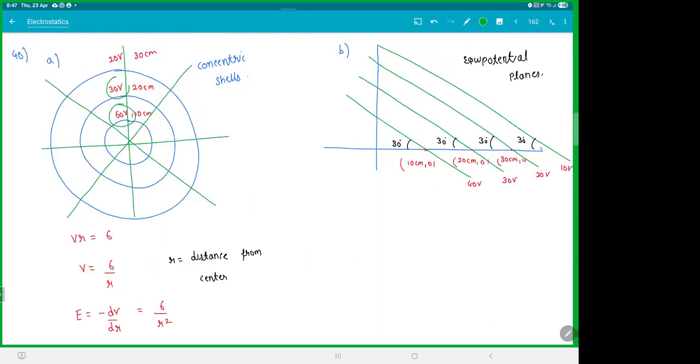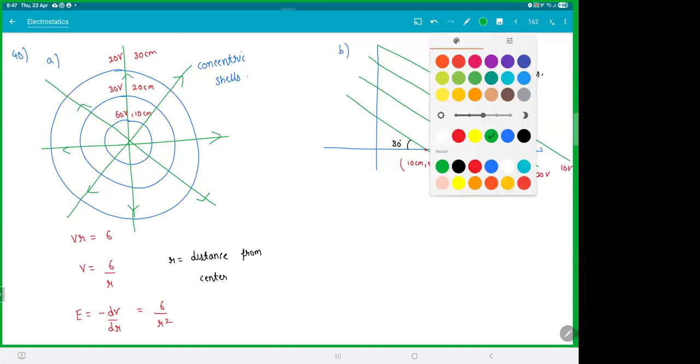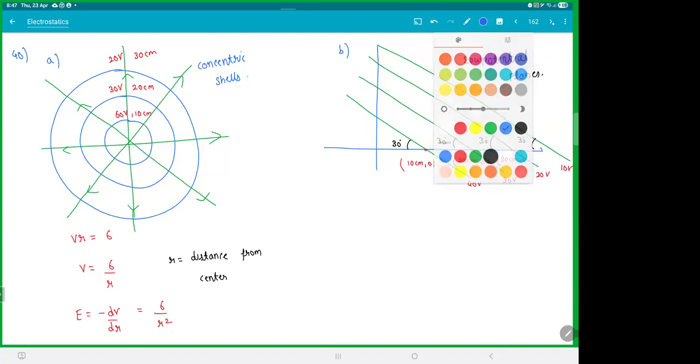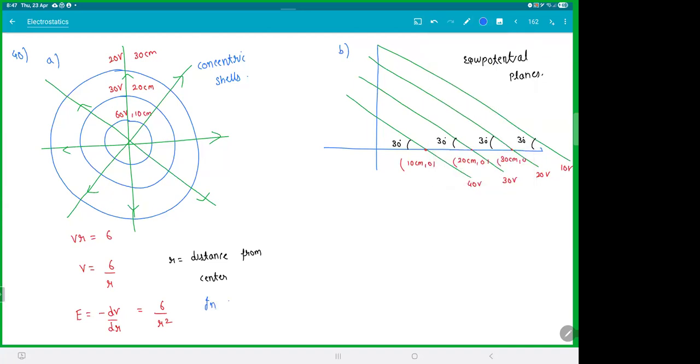This is 60, 30, 20. So as you're going out, potential decreases. The field has to be outward. So the magnitude is 6 by R square and the field is outward. Is this clear, everyone?